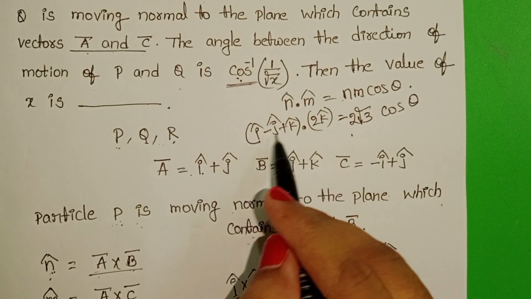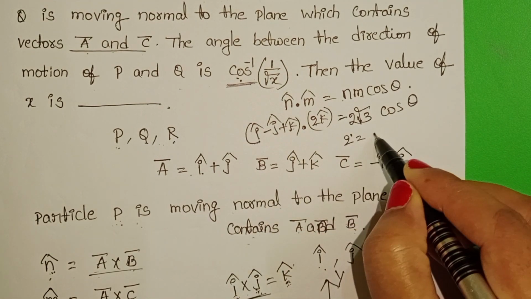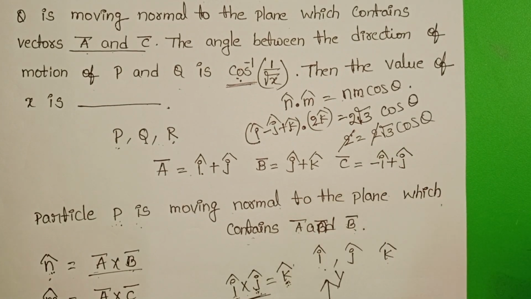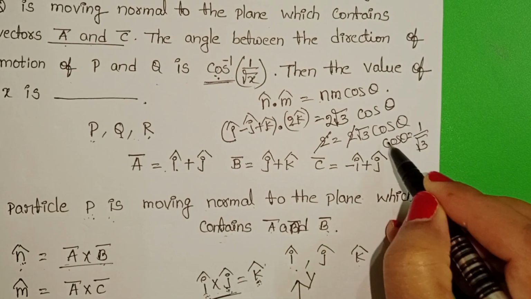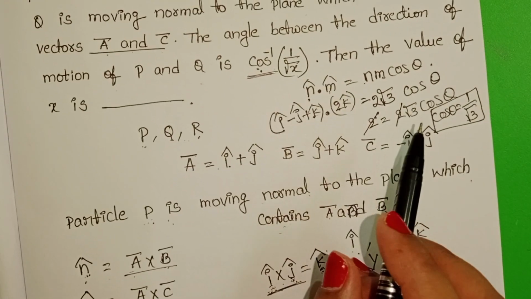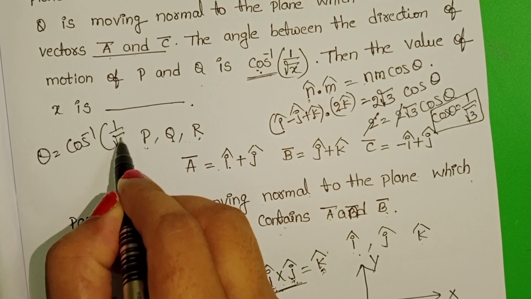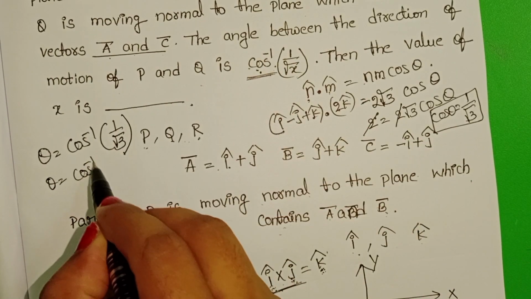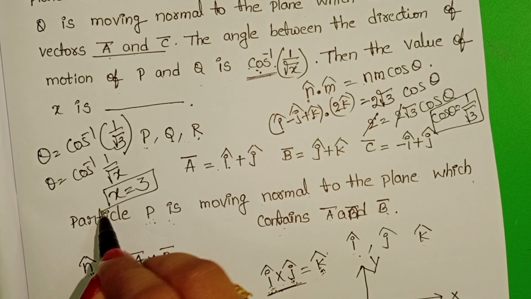Then here 1 into 2, 2. LHS side 2, RHS side 2 root 3 cos theta. On both sides 2 gets cancelled. Then cos theta is equal to 1 by root 3. The angle between n cap and m cap is theta equal to cos inverse 1 by root 3. Compare with this: theta is equal to cos inverse 1 by root x. Then x equals 3. This is the required answer.